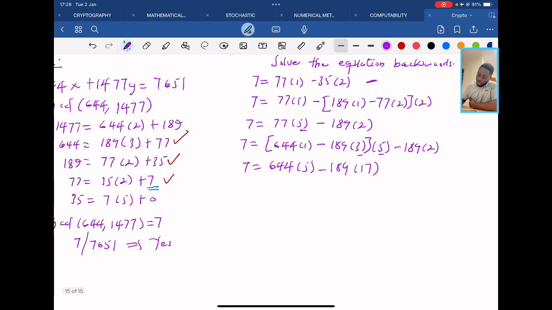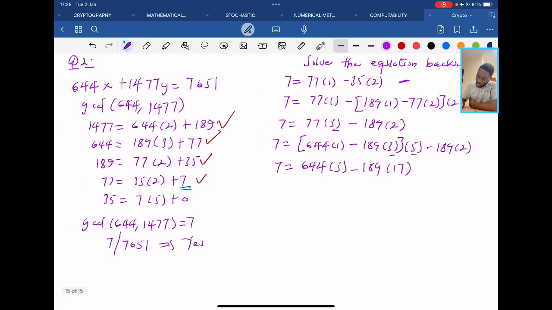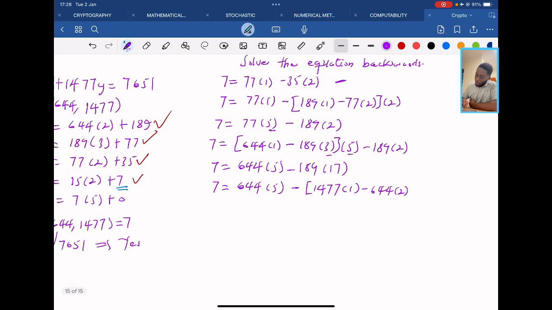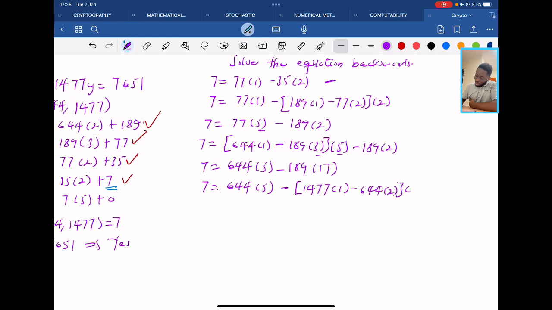Okay, so let's move on to the last remainder. So we're going to get 7 is equal to 644 times 5 minus 1477, which has 1 already, minus 644 times 2, all multiplying 17.